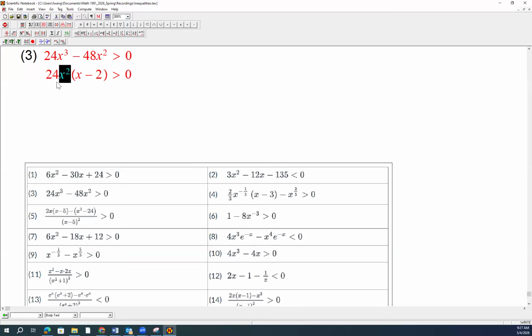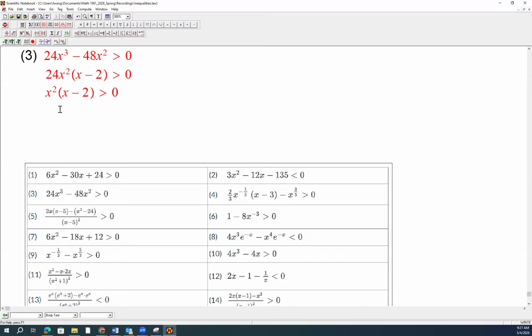For all the real numbers, x squared is going to be greater than or equal to 0, right? So x minus 2 has to be positive. So from this step, you can simplify the inequality. X squared is always greater than or equal to 0, right?